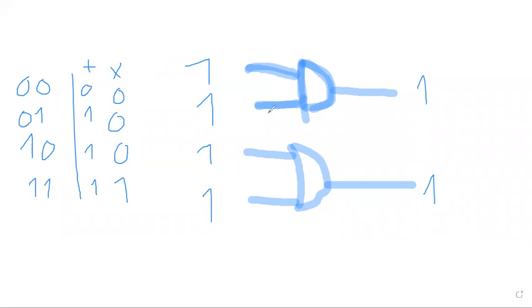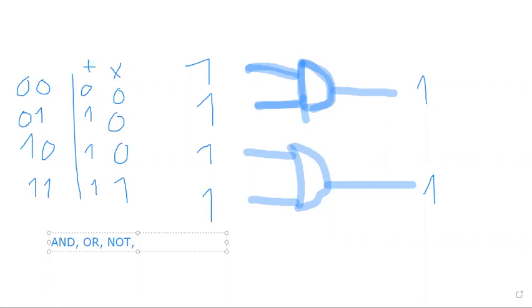So we have just described the two main basic elements of any digital circuit. We will have some other combinational gates, such as the NOT gate, which basically inverts the input to the output.